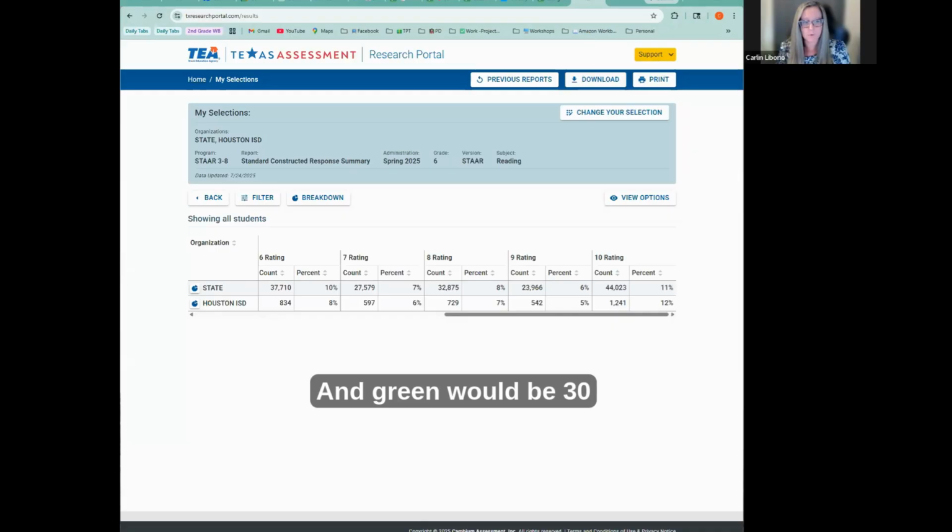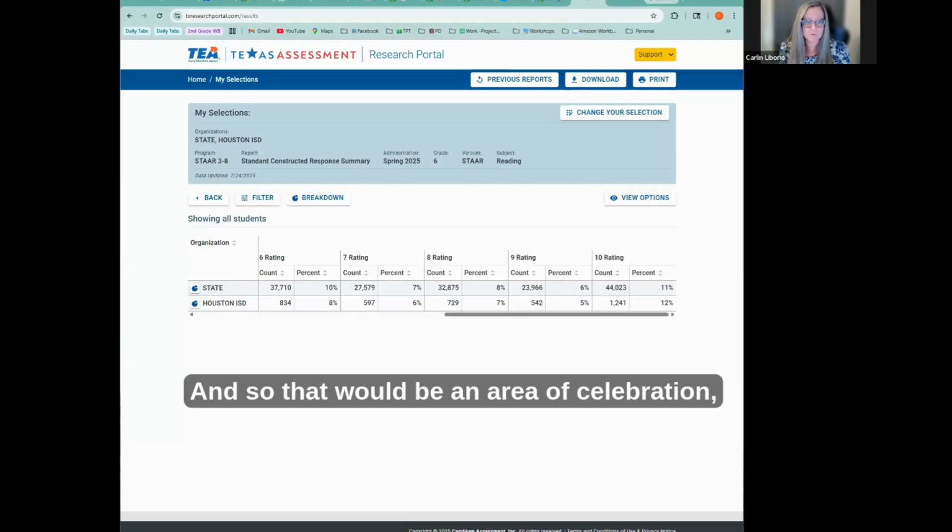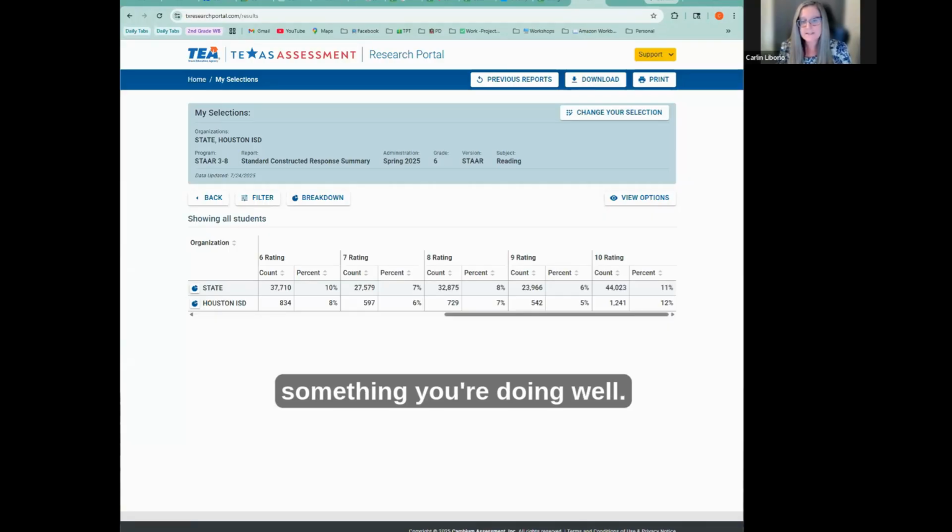And green would be 30% or higher. If your grade level or your campus is 30% or higher in 8s, 9s, and 10s, you are living the dream. That would be an area of celebration, something you're doing well. And if it's below 29%, I would say it's an area for improvement.